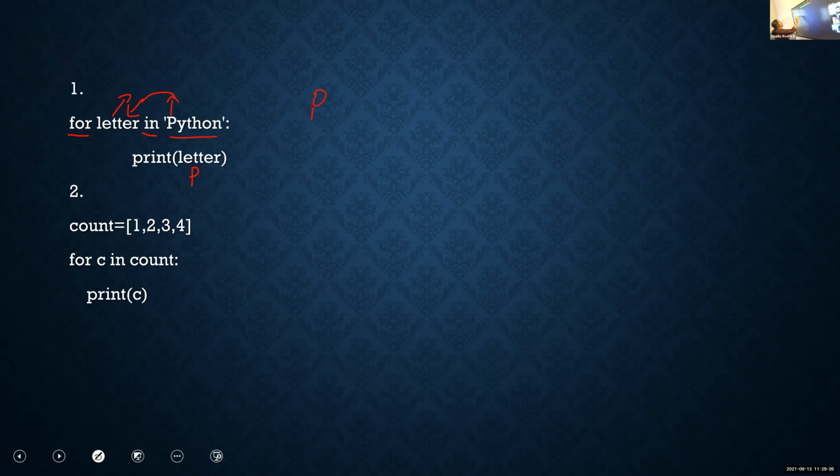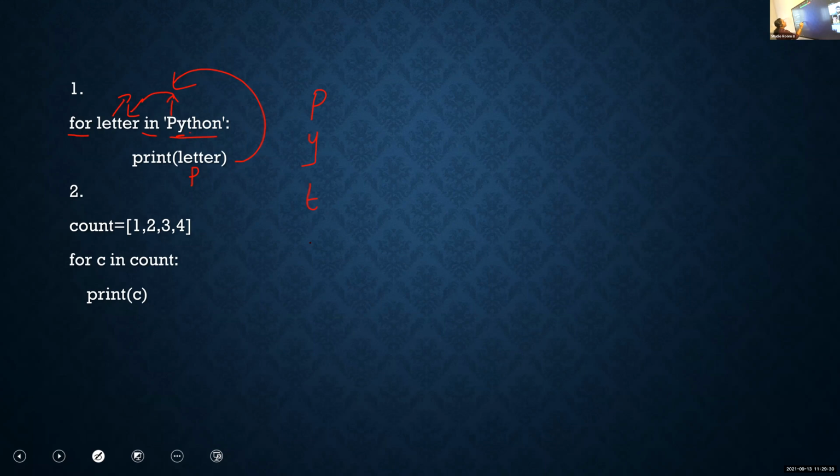After that, it again moves back to for statement. Then next iteration, the letter is assigned with value Y. Then print letter means it will print Y in the next line. Then after that, the value of letter is T. Then it is printed like this.